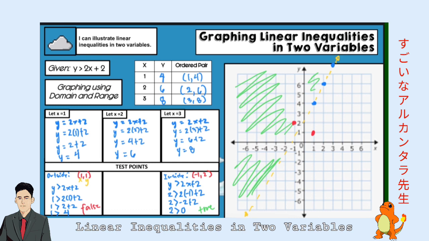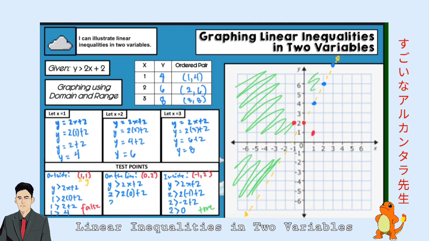Now let us try out a point somewhere we can find on the boundary line. Let's say that I would like to choose the point (0, 2). So using the inequality, I'll have y greater than 2x plus 2. Y is 2, greater than 2 times 0 plus 2.